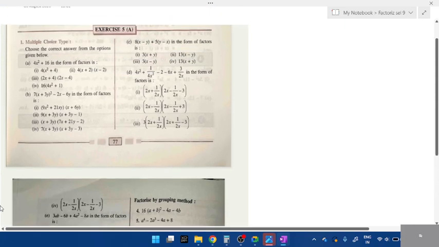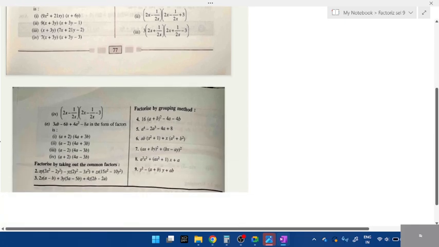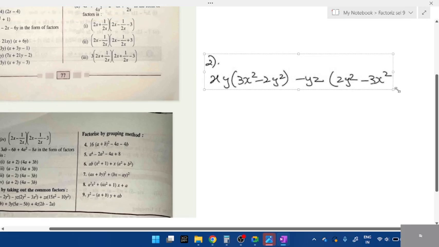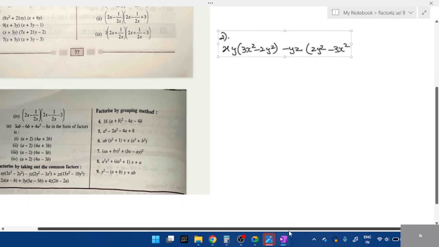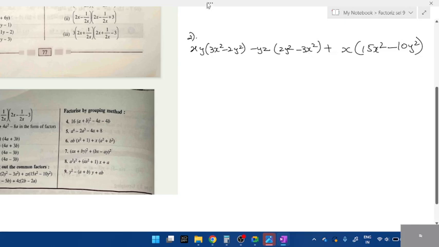See, exercise. Can you open your textbook and check? Are these the questions? 5A. Response, students. Are these the questions?